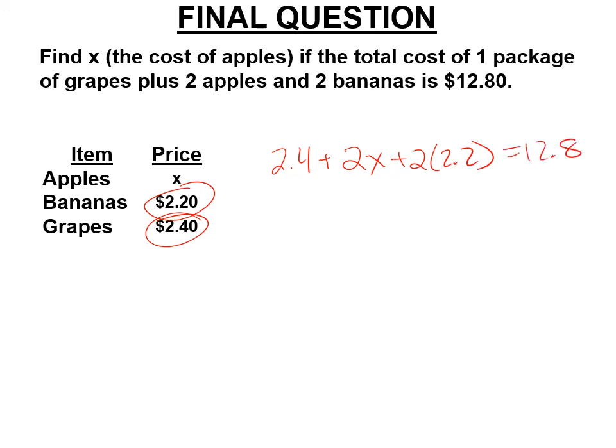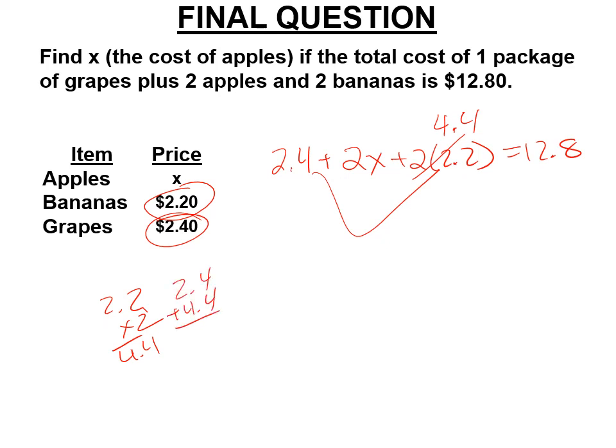Okay, so 2 times 2.2 hopefully is obviously 4.4. I'm going to save myself some writing, and we have to combine. I'm going to combine the like terms of 2.4 and 4.4. Now you get 6.8.